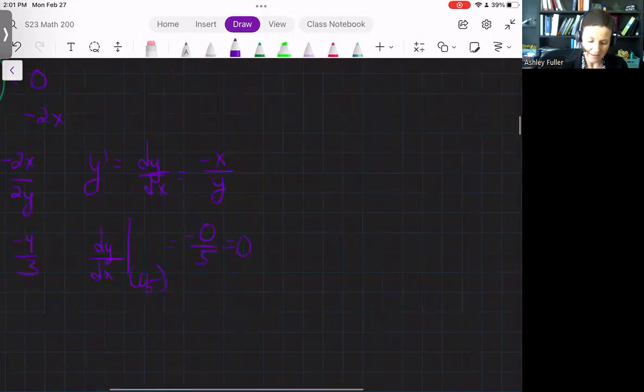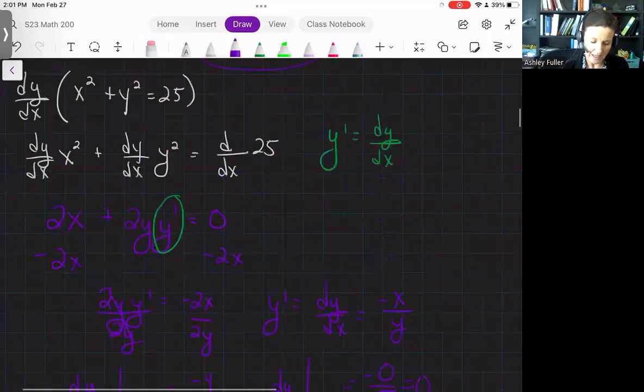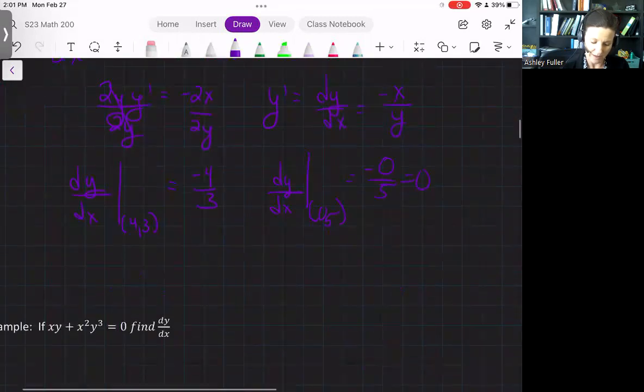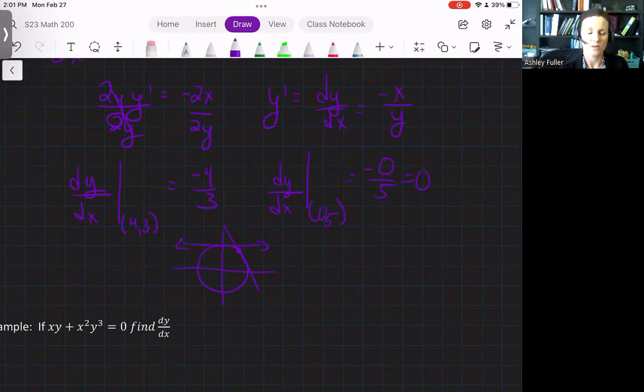If I graph these values, notice that x squared plus y squared equals 25 is a circle with radius 5. And at the point 4, 3, I'm going to have a tangent line with a slope of negative 4 thirds. And at the point 0, 5, notice that slope is indeed going to be 0 because it's a horizontal line.